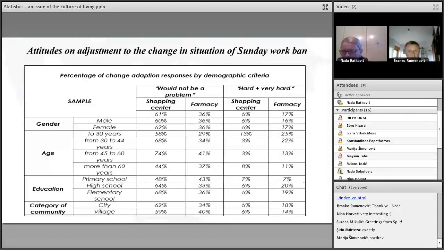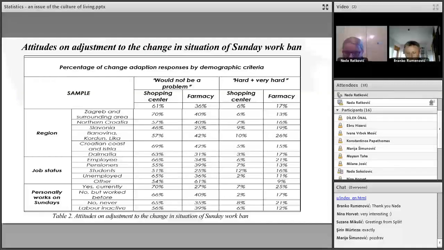On the answer hard, very hard, 6% and 16% of the genders age. Here in the second part of the table are the region and job status.